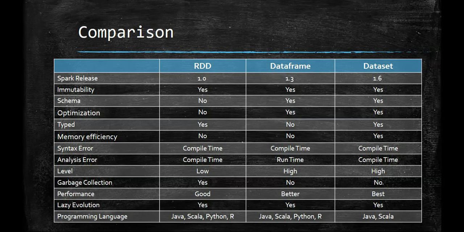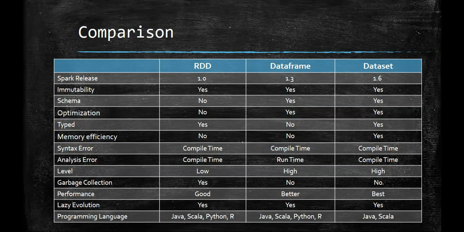After 1 hour, or after a certain time, you get to know that the column doesn't exist. So that's a limitation with your data frame. But when it comes to data set, it provides you the type safety as well. So at the time of compilation, you get to know if you have any such error.